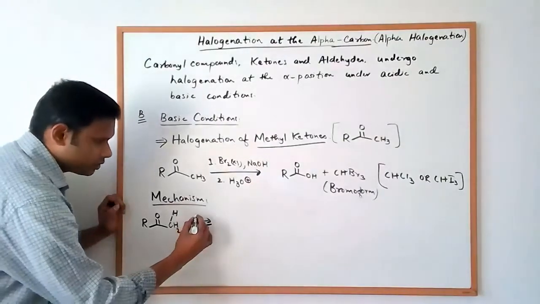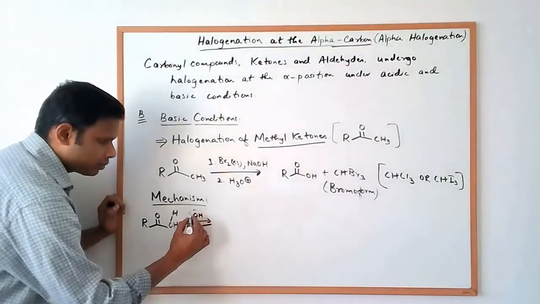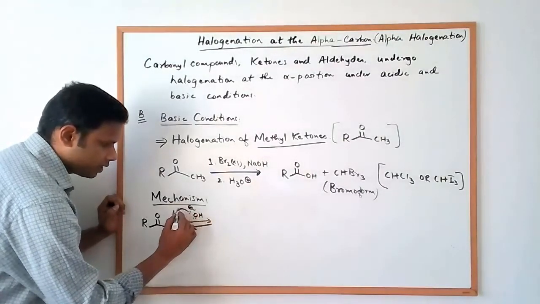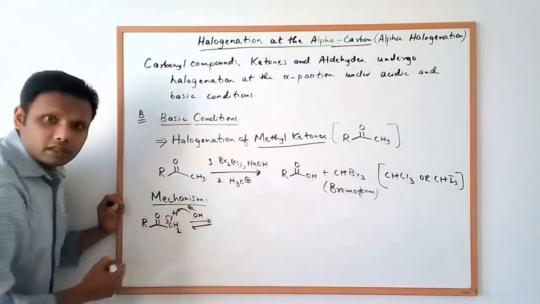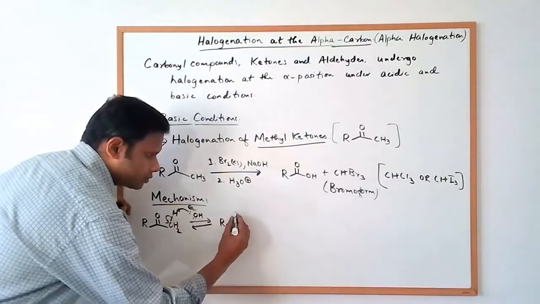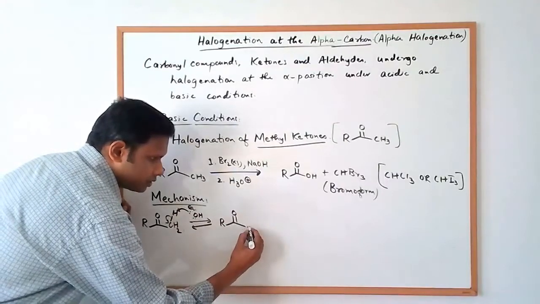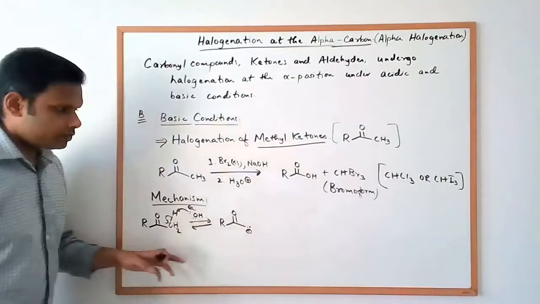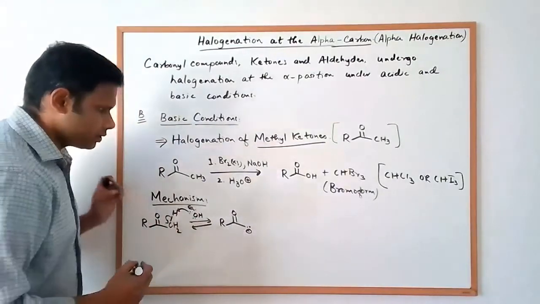The first step is going to be the deprotonation of this alpha hydrogen by the base. The base is going to deprotonate it, and that's going to give us the enolate.